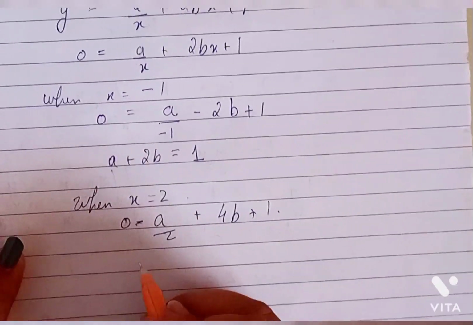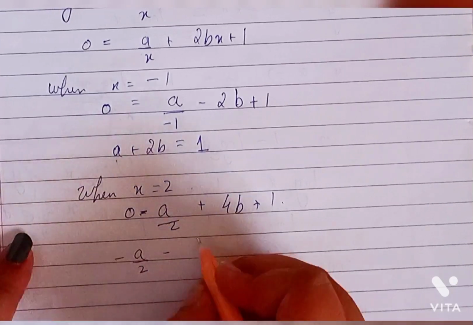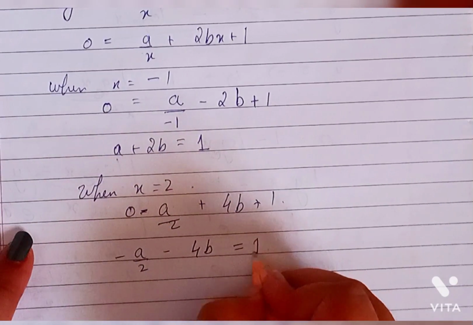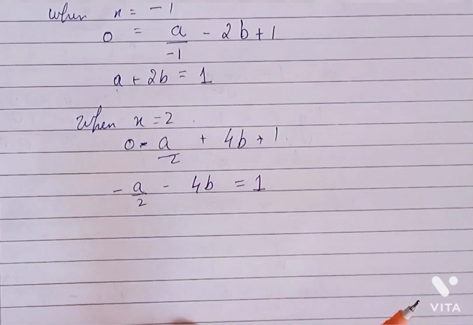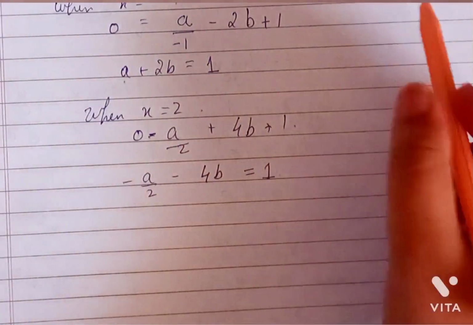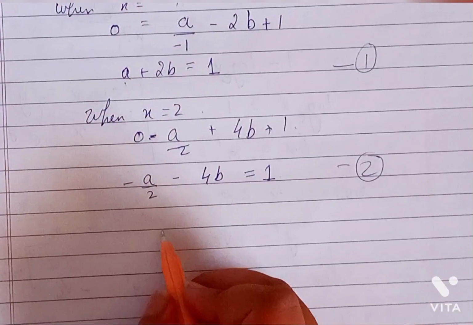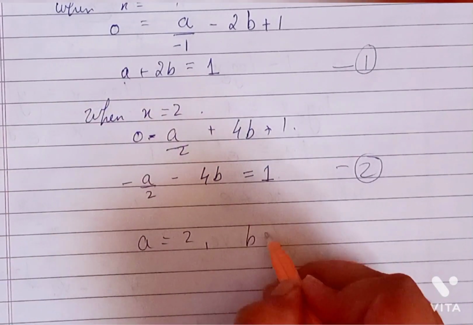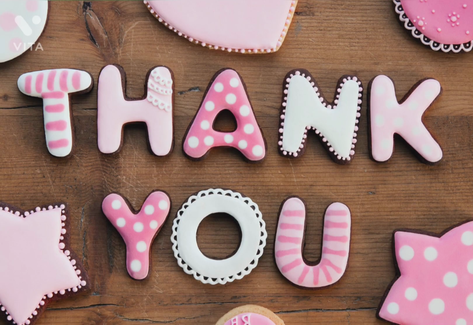So taking this over here, a by 2 plus 4b is equal to minus 1. So on solving these two equations, equation 1 and equation 2, with two variables, we'll get a as 2 and b as -half.